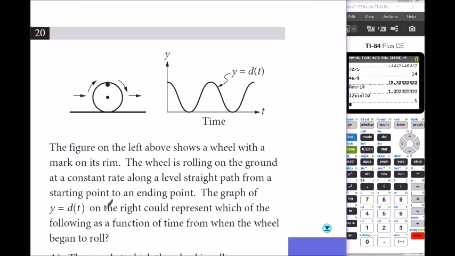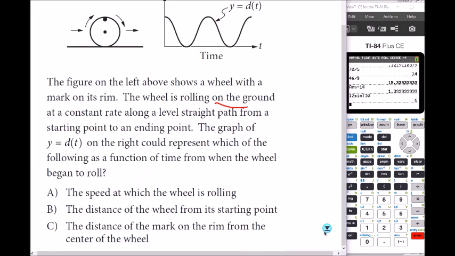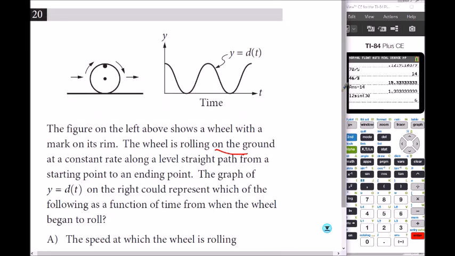The figure on the left above shows the wheel and the mark on its rim. The wheel is rolling on the ground at a constant rate along a straight path from a starting point to the ending point. The graph y equals d of t on the right could represent which of the following as a function of time from when the wheel began to roll? So as you can see, this is the height of this point, right?